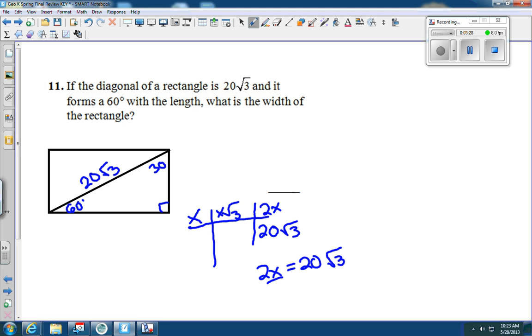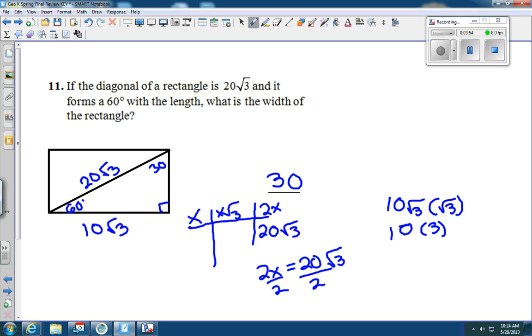I can divide both sides by 2, and that gives me that the 30-degree side is 10 square root of 3. Well, that's the length. So the width is 10 square root of 3 times square root of 3, which gives me 10 times 3, which is 30. So my width is 30.